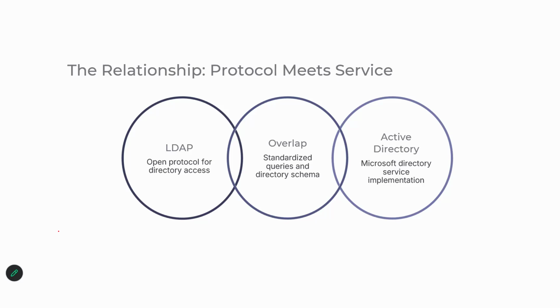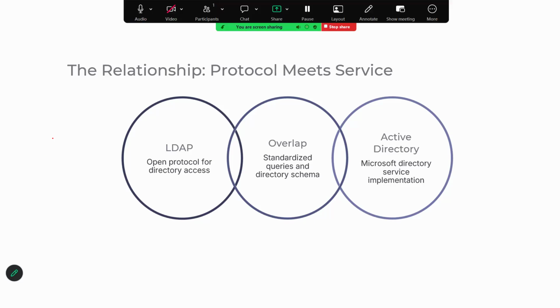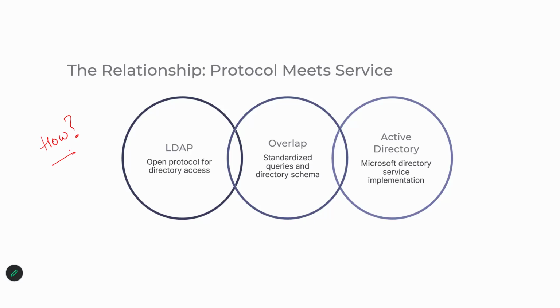Now, when we talk about the relationship between the protocol, LDAP, and Active Directory, the first thing is how they connect. Active Directory supports LDAP as one of its primary protocols for applications and systems to access the directory data using a standardized language, which is LDAP here.